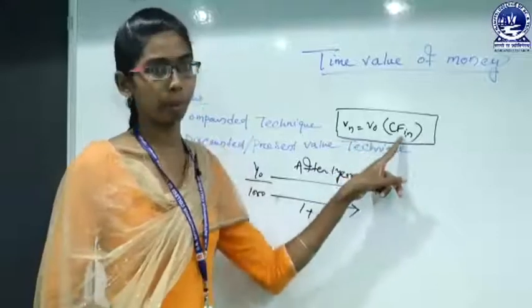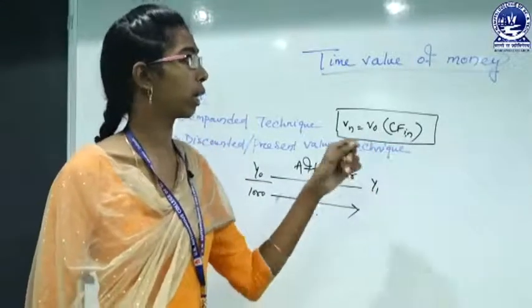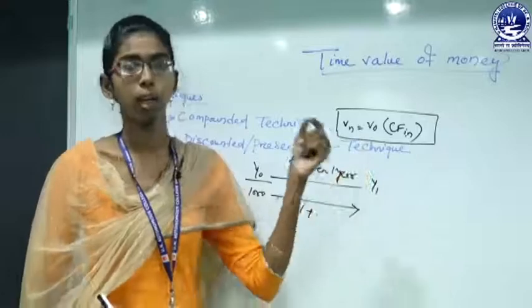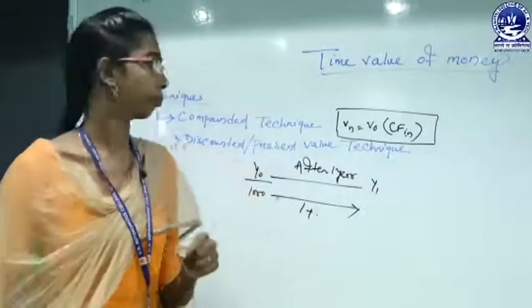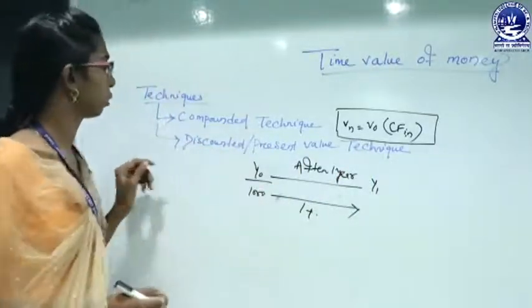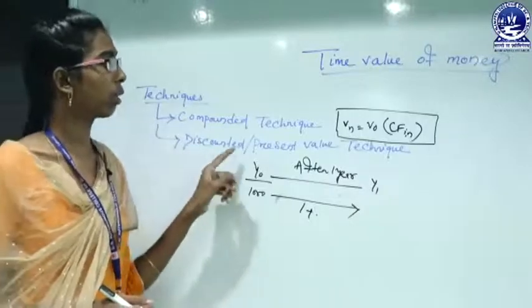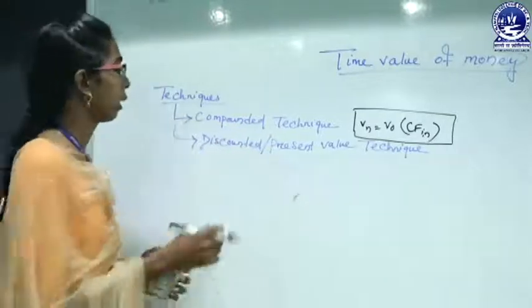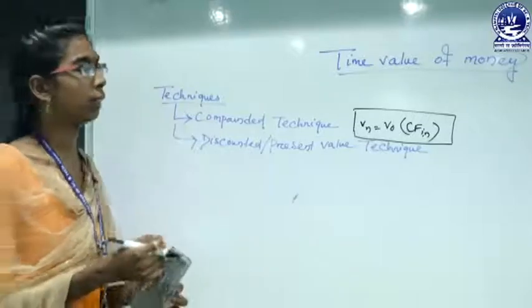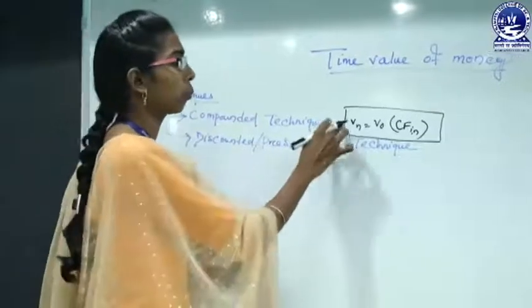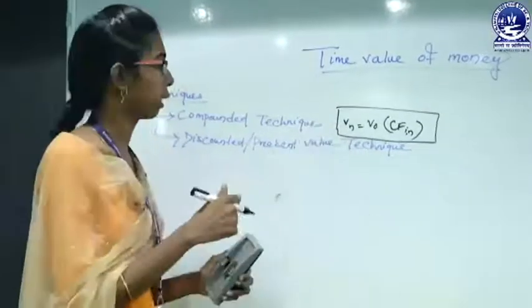CF stands for compounded factor, and I have told you how to check the compounded factor from the compounded factor table. Today we are going to discuss the discounted or present value technique, which is the reverse of the compounded technique.